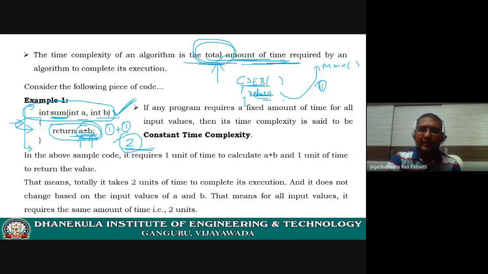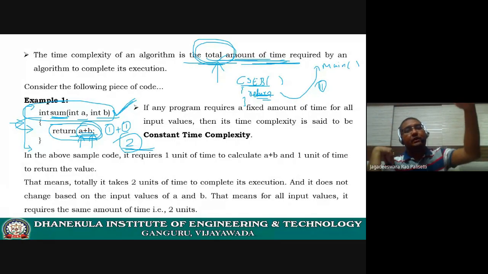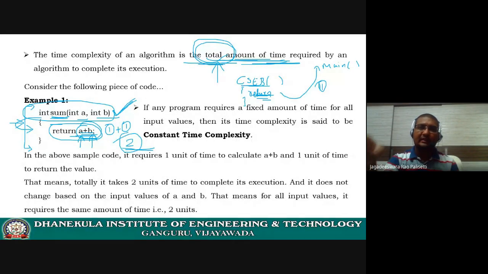So 1 unit of time for returning from sum to CSCB, and from CSCB to main, 1 more unit. When you find the entire program's time complexity, we consider 1 unit from CSCB to main, 1 unit from sum to CSCB, and 1 unit for performing the addition. So total 3 units.